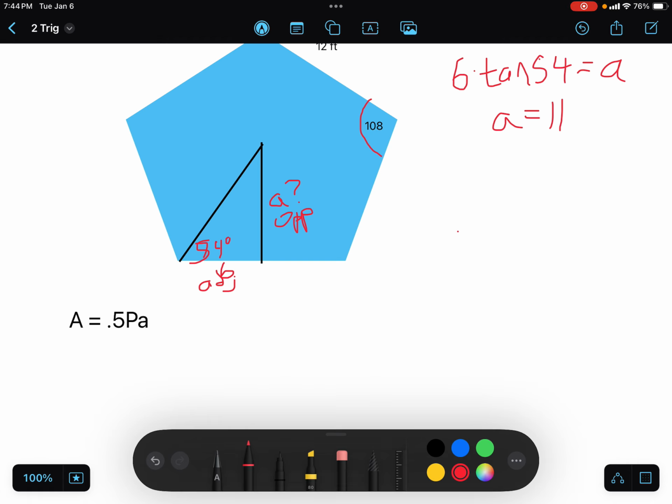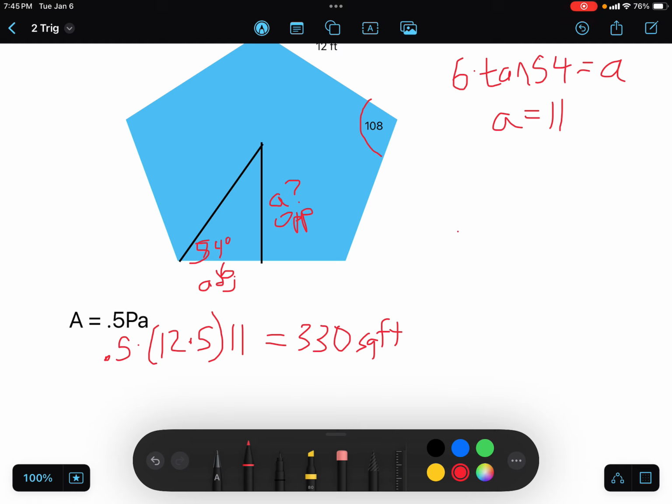So that's going to be 0.5 times the perimeter, which is 12 times 5 sides, times the apothem length. And if we throw all that into our calculator, we get 330 square feet.